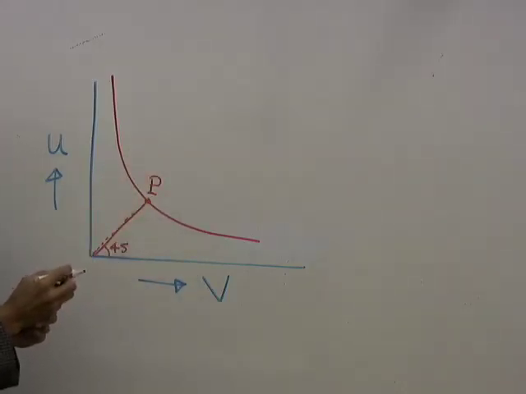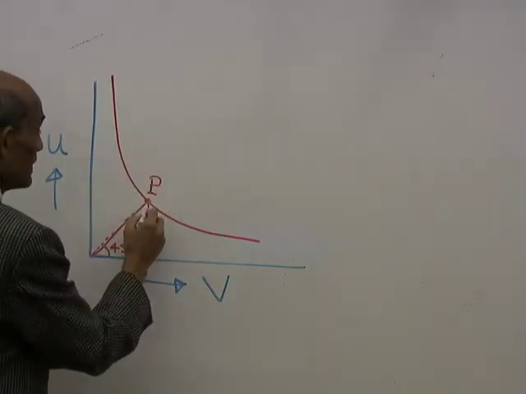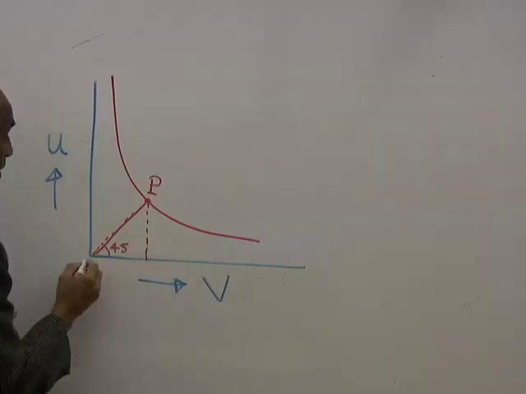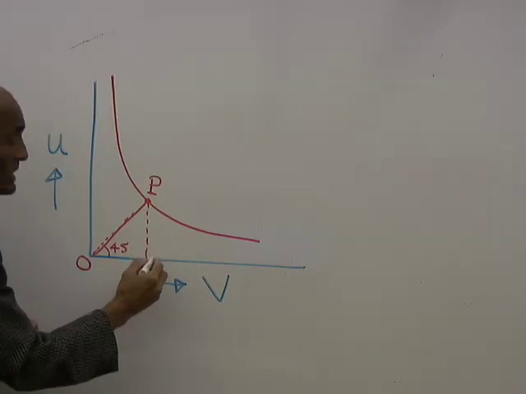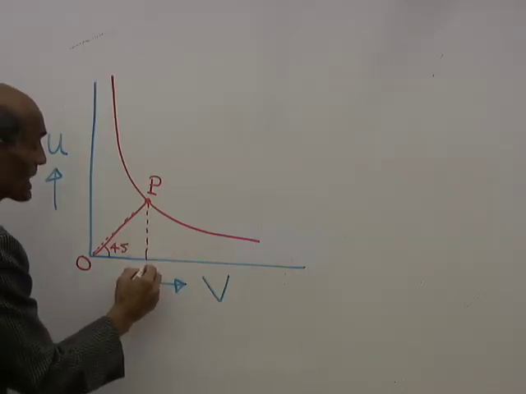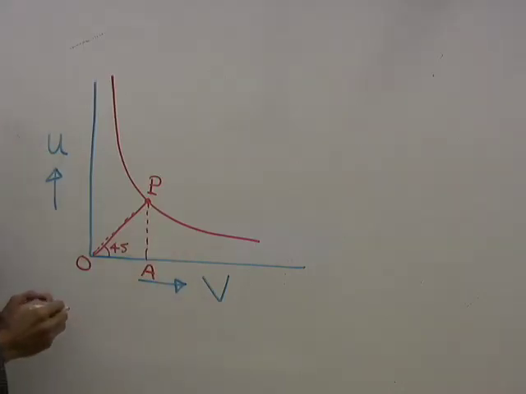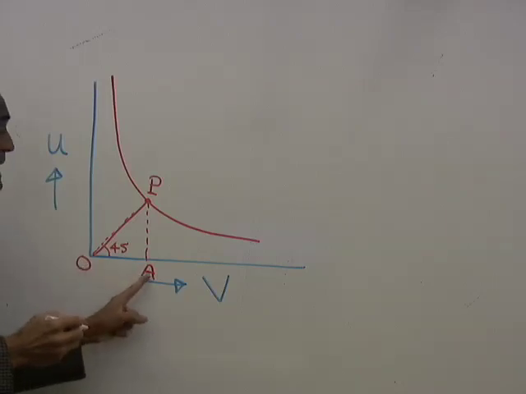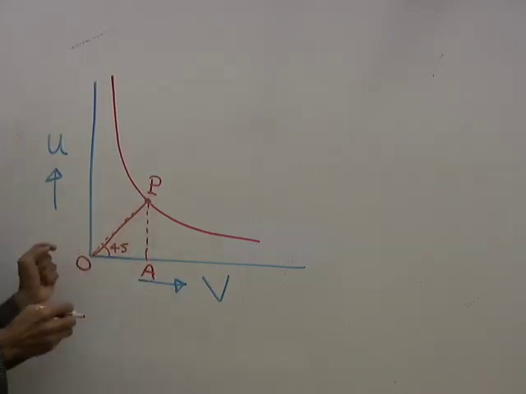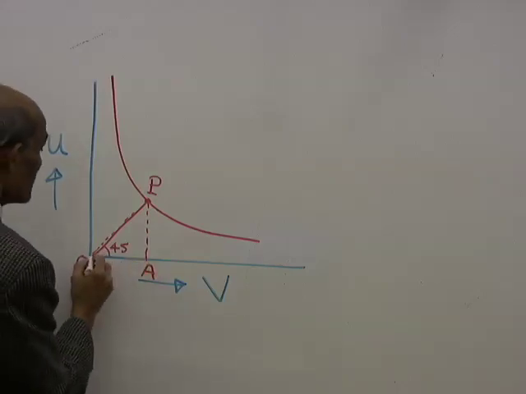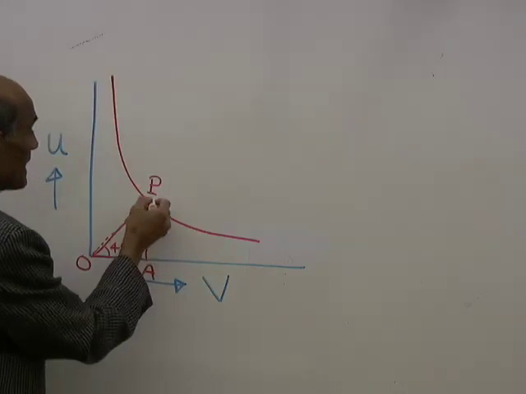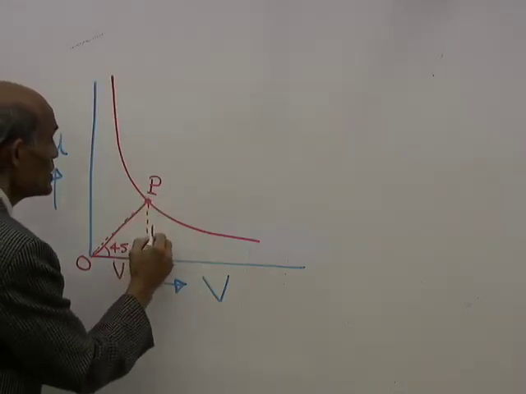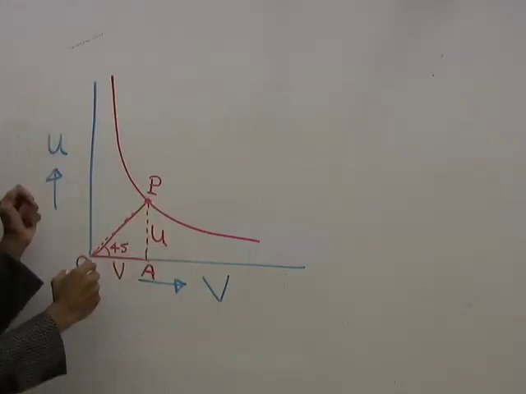Now what is the characteristic of that point? If this is the origin and if you draw a perpendicular from P to cut the x-axis at A, you notice that OAP is an isosceles right triangle where this OA is V and this PA is U. Is that right?